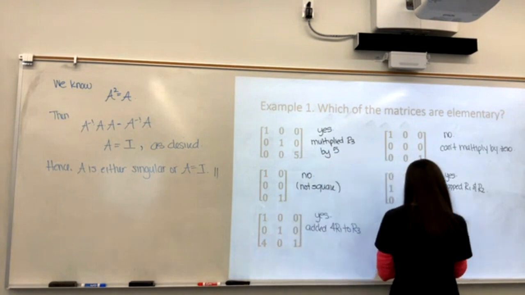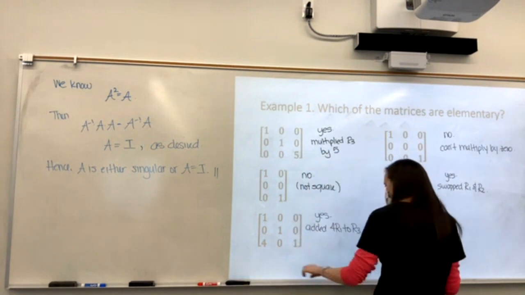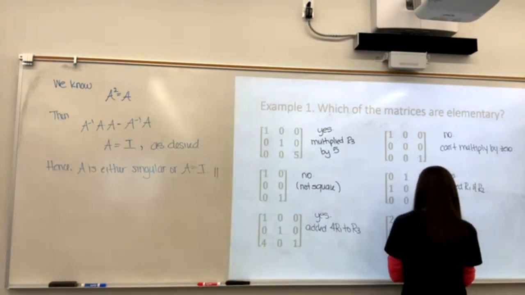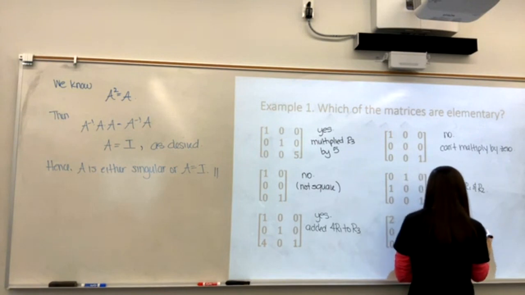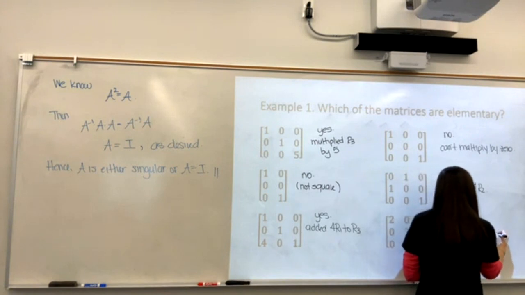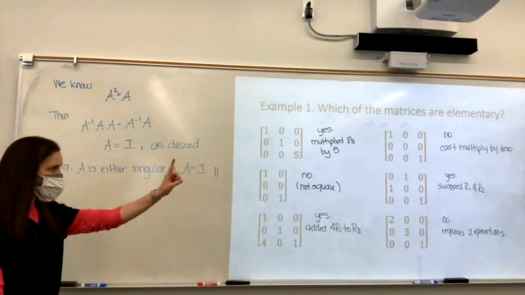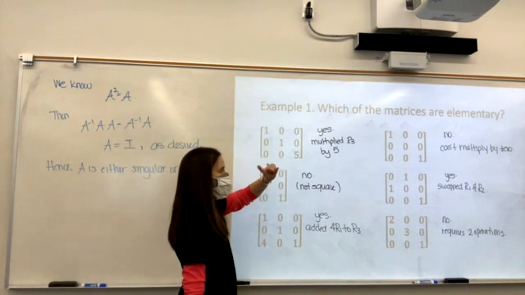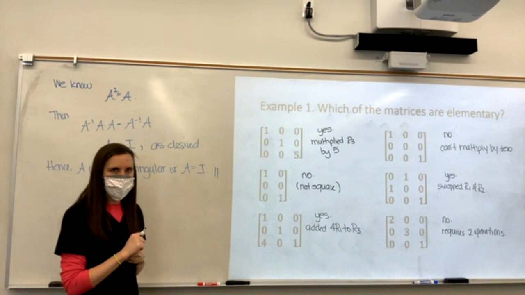So no, because it requires 2 row operations. And to be an elementary matrix, you've got to be able to get there from the identity matrix with just one single row operation. Cool?